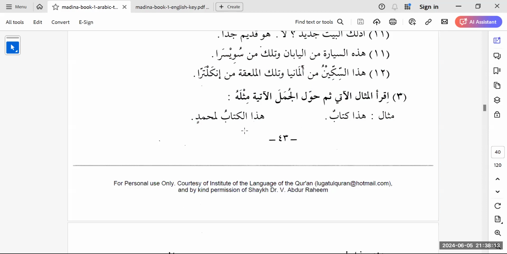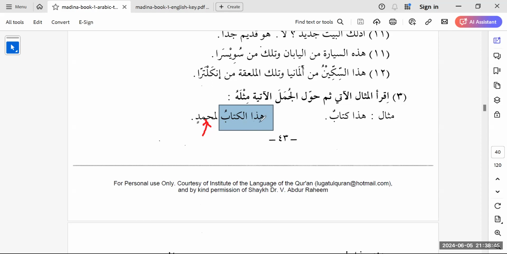Now you have to understand the difference over here between مضاف مضاف إليه and حرف جر. So let's cut this into two parts. We say هذا الكتاب is one part, okay? This book. And then this part is the second part. Is for Muhammad. That's what li Muhammadin means, belongs to Muhammad. And it's not the same as mudaf mudaf ilayh, so it's not going to be this book, this is Muhammad's book.